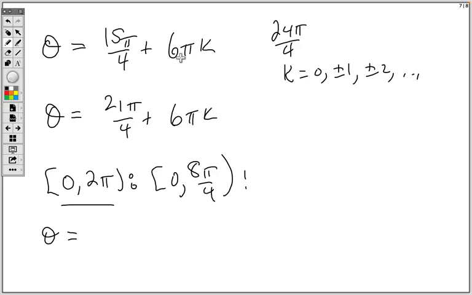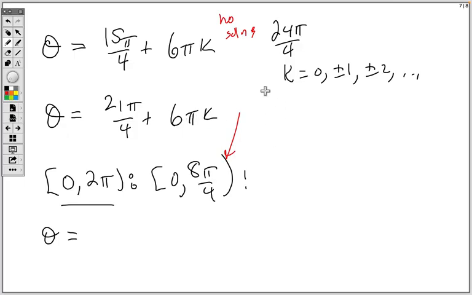From the first family, if I let k equal 0, I'm already over 8 pi over 4. It's 15 pi over 4. So if I have any positive values of k, I'm going to be well beyond 6 pi. If I use negative values of k, like -1, I'd have 15 pi over 4 minus 24 pi over 4. That gets me less than 0. So I actually get no solutions here that live between those numbers. Okay, so that's a bit disappointing.